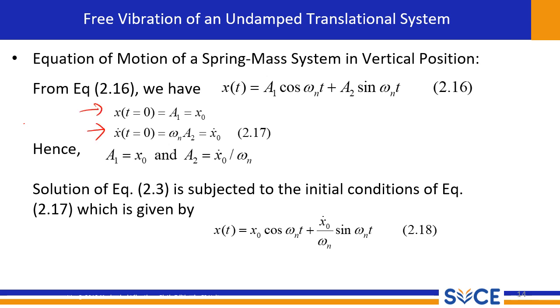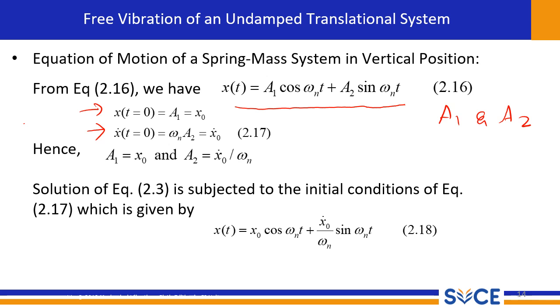The general solution states x of t is a1 cos omega n t plus a2 sin omega n t. This equation contains two unknowns, a1 and a2, that we have to determine. Let me apply the initial conditions.